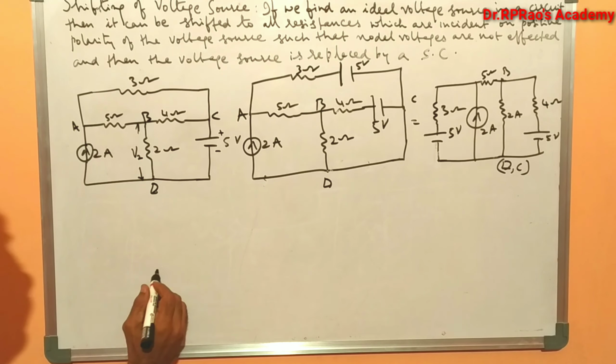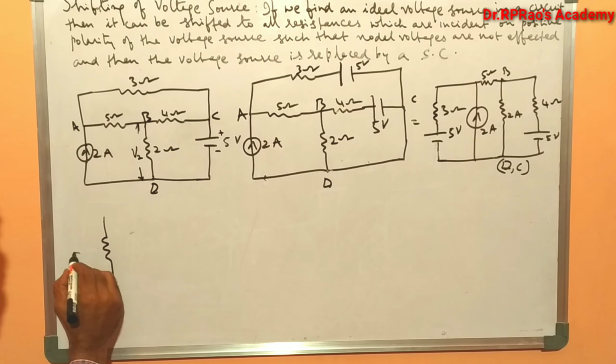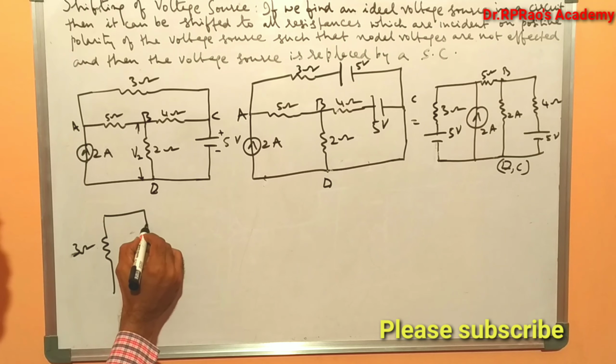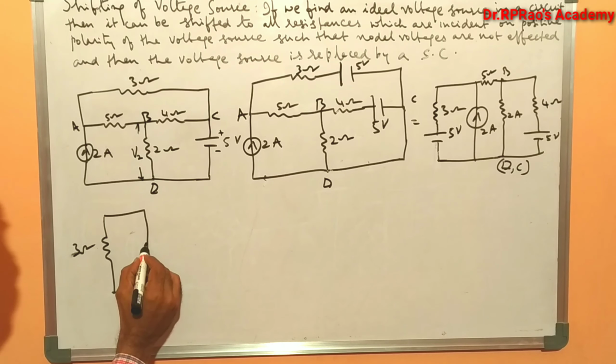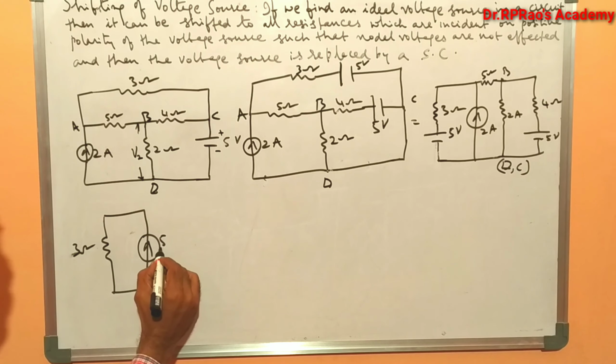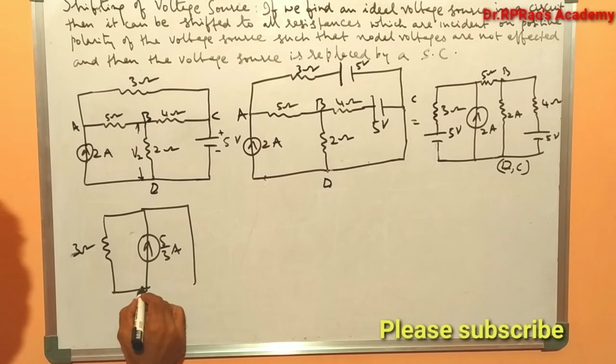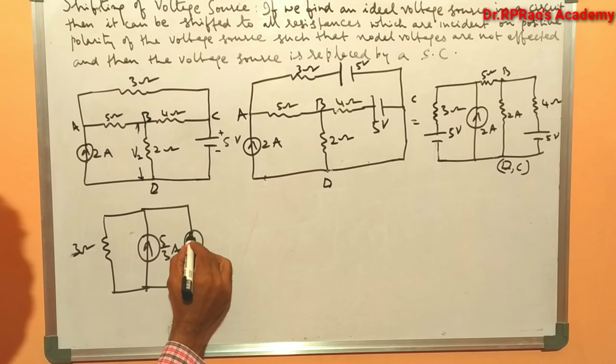Now, it will be 3 ohms in parallel with the current source. What is that current source? 5 by 3. The current source is 5 by 3 amps and the other current source is 2 amperes.